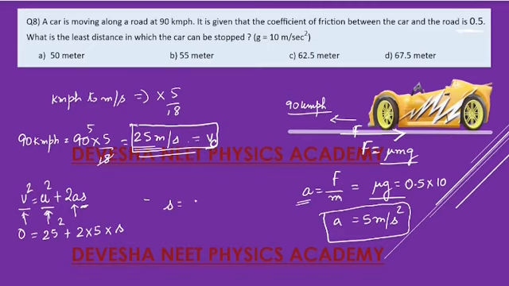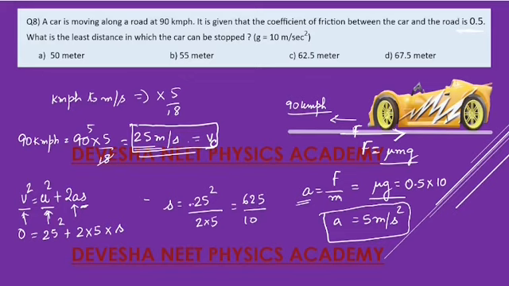S is equal to 25 whole square divided by 2 into 5, which is equal to 625 divided by 10. Now you will see that I moved S from one side of the equation to the other. It should be negative, yes, because the car is stopping.